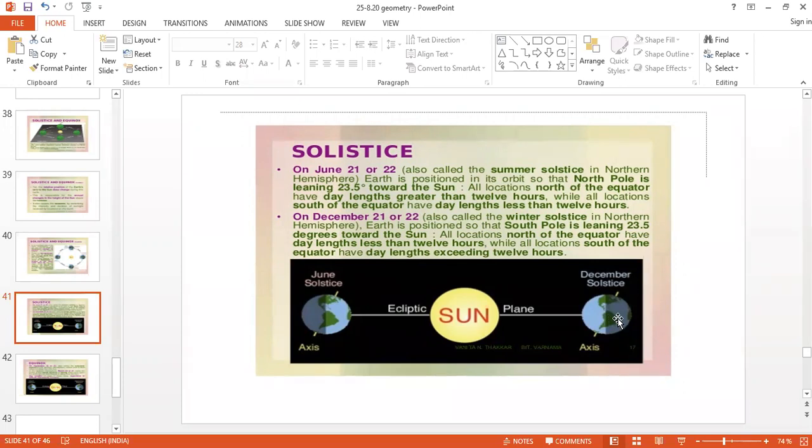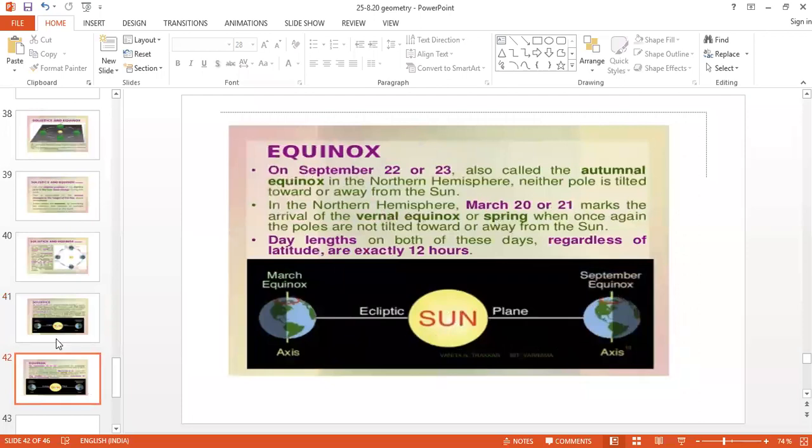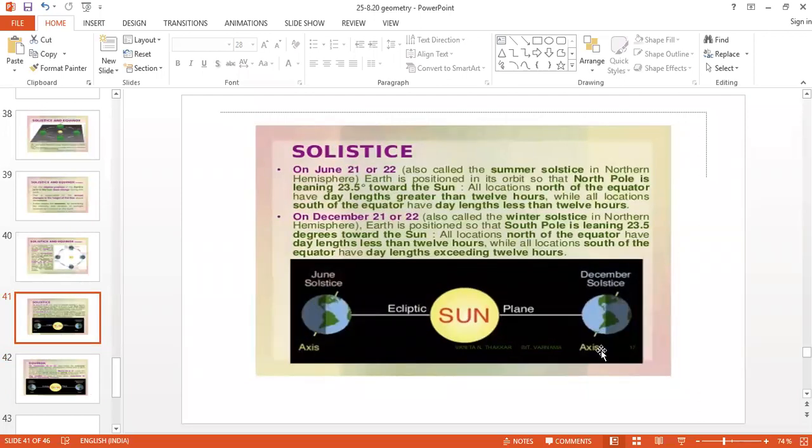All locations north of the equator have day lengths less than 12 hours, while locations south of the equator have day lengths exceeding 12 hours.